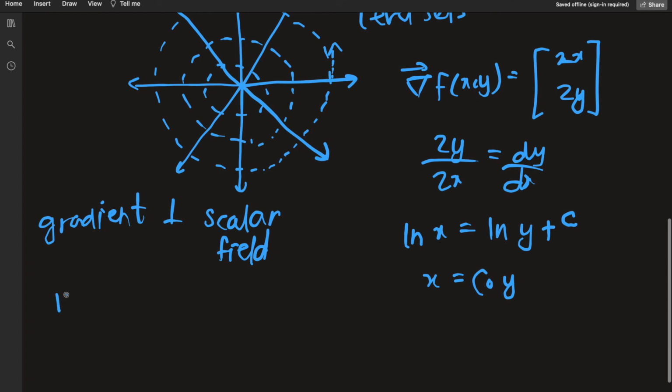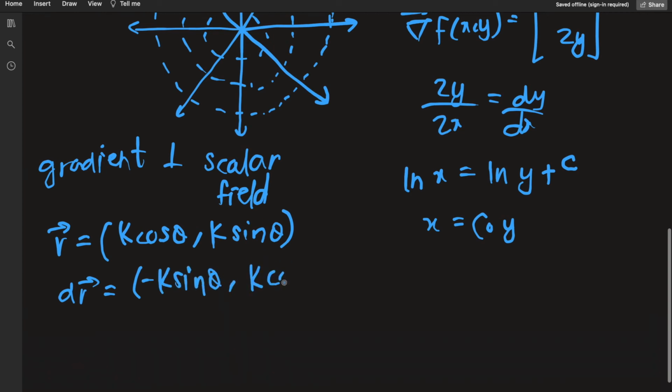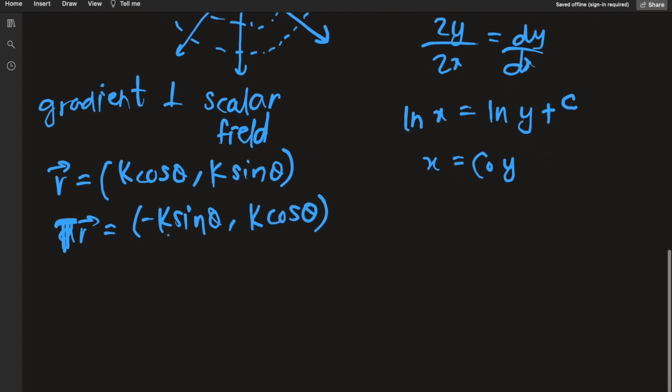So the position vector on the level curve, you can represent as k cosine theta, k sine theta for a given k. The derivative, which is now going to be your tangent vector, is negative k sine theta, k cosine theta. Let's call this Tr, not dr. Okay, if you do the dot product, you'll see they're perpendicular to each other.